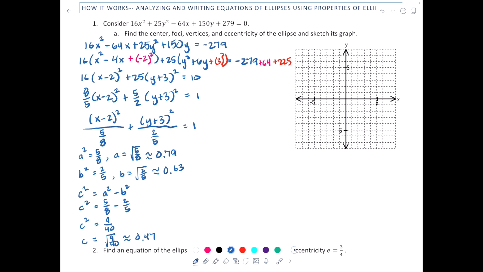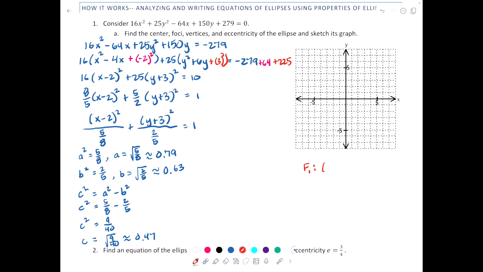Since we do want to graph these, I think we will definitely round our foci and our vertices. So let's do it. Our foci, focus 1 will be... Do you see that 5/8 is greater than 2/5?